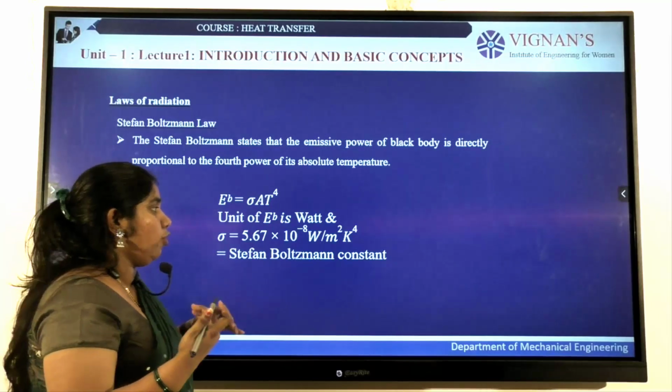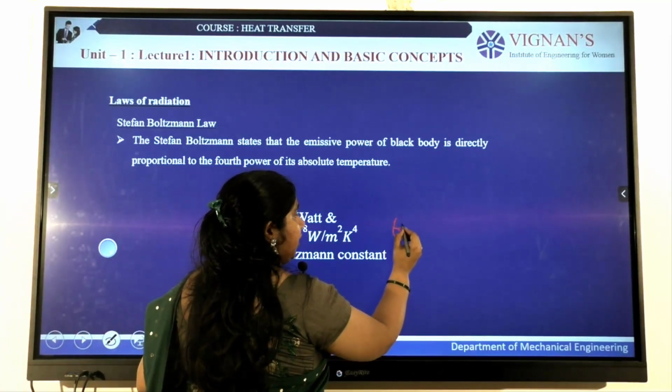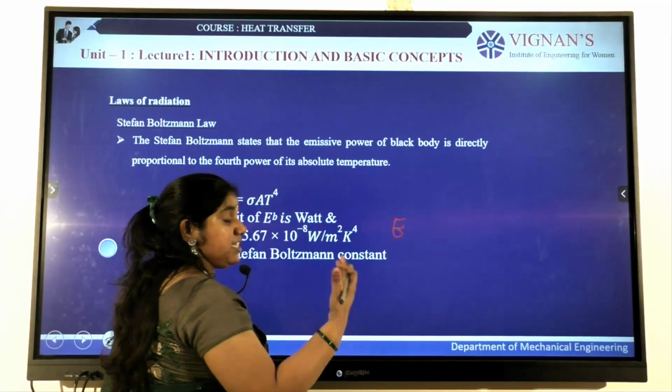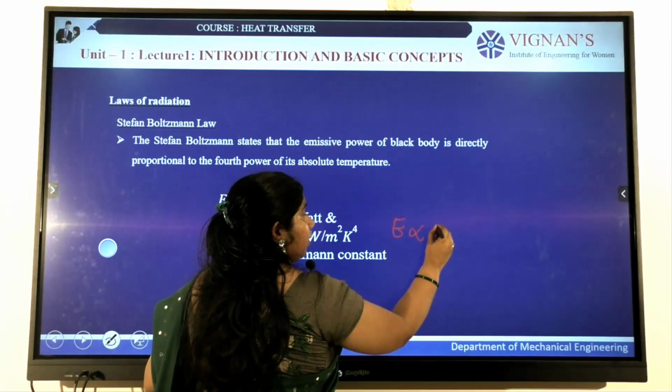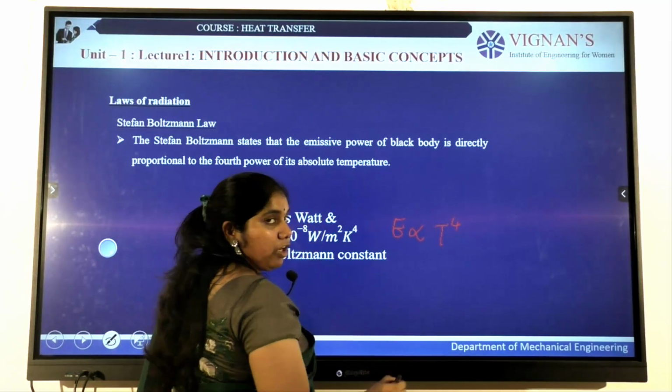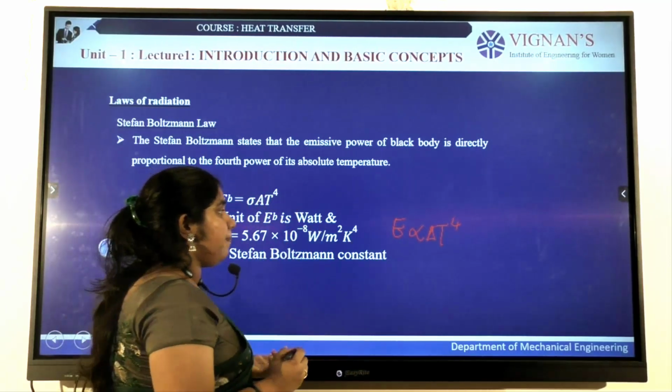For radiation, we have the Stefan-Boltzmann law. In this law, the emissive power is directly proportional to the fourth power of the temperature difference.